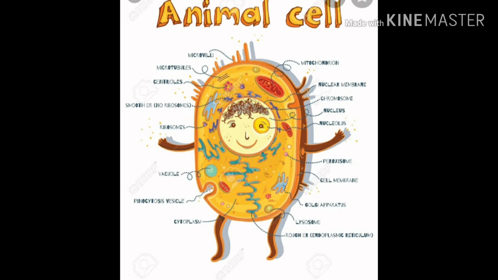Now, you can also find cilia in humans, which is found in the lining of the respiratory tract. Now, animal cells have two centrioles, which are used for cell division. They store energy in the form of glycogen, which, as you know, is a type of sugar.